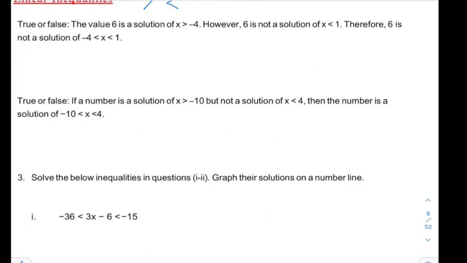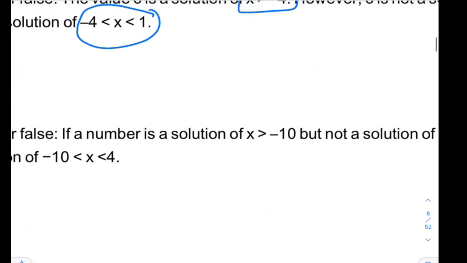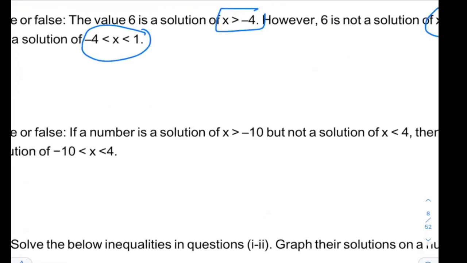True or false? The value 6 is a solution of x is more than minus 4. However, 6 is not a solution of x less than 1. So 6 is not a solution of this inequality. This inequality is read as x more than minus 4 and less than 1 at the same time. For an 'and' inequality, both inequalities should be true.